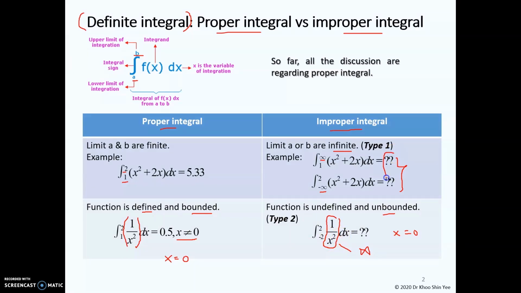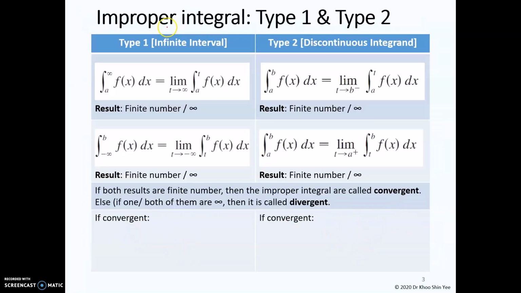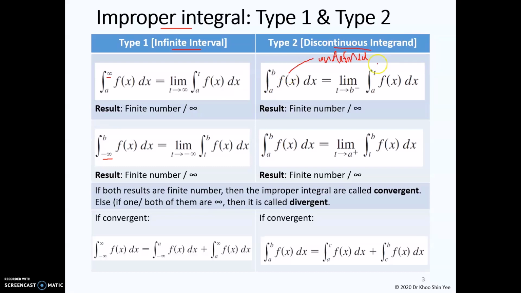So how can we find the solution for this type of improper integral? So far, you know that we have two types of improper integral. The first type is due to the infinite interval, where you have infinity or negative infinity at the lower and upper limit. For the second type, you have the discontinuous integrand, where the function here is undefined at a certain x.